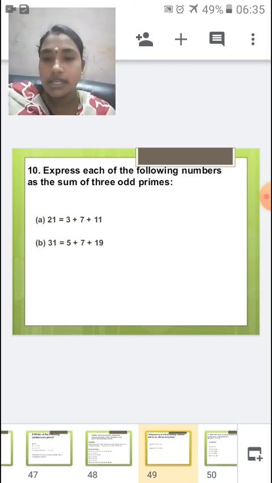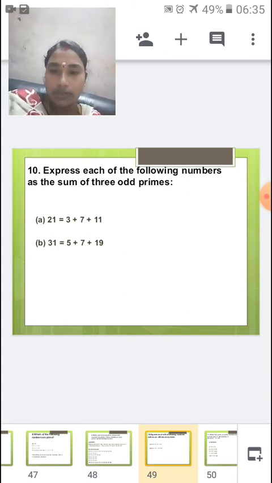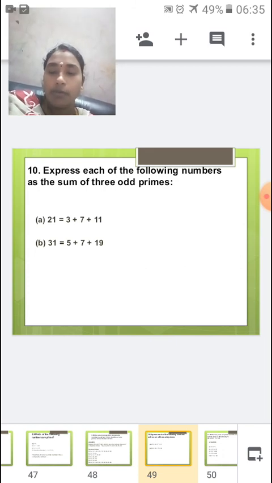So 7 plus 3 will give you 10 and 10 plus 11 will give you 21. B sum 31. When you add 5 plus 7 plus 19, 7 plus 5 will give you 12 and 12 plus 19 will give you 31.